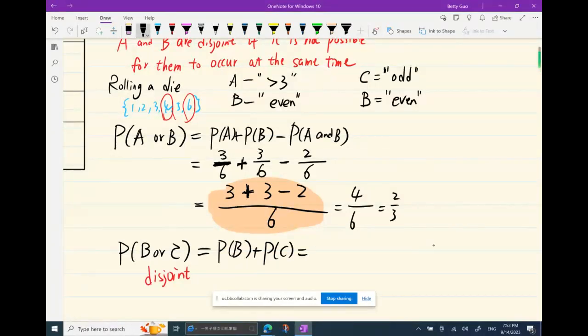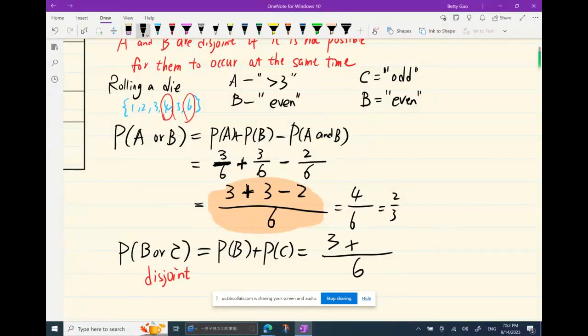We can use the same denominator because they belong to the same model. For the numerator, how many outcomes among the 6 favor getting even?